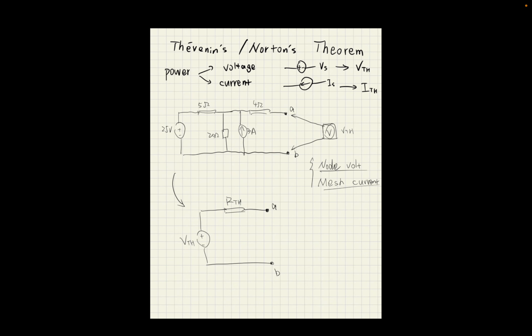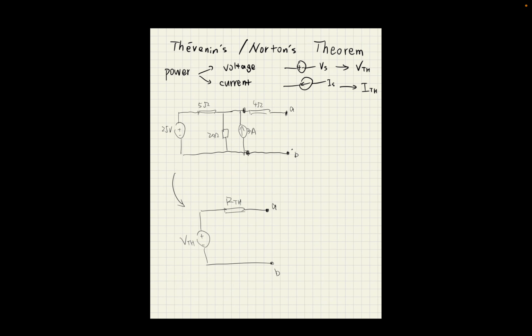You have an open circuit between points A and B. You just calculate the voltage between point A and point B, which is the same as the voltage between these two points, because it's an open circuit. If you don't know about node voltage or mesh current, I will talk about it in another video. Anyways, all good. We have VTH ready, and the last step is to calculate RTH.